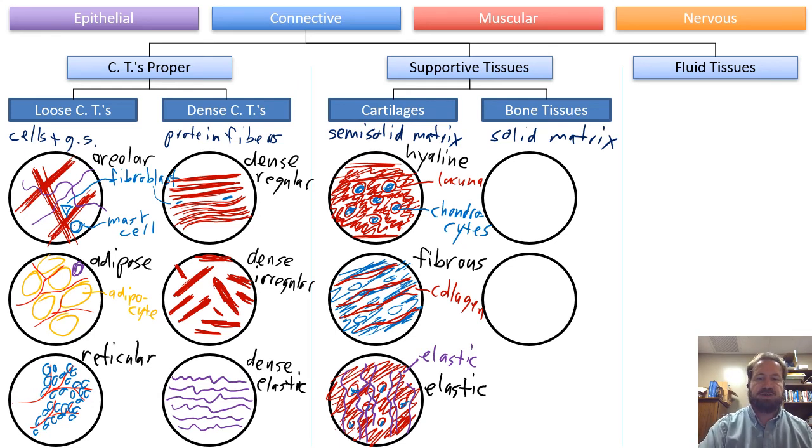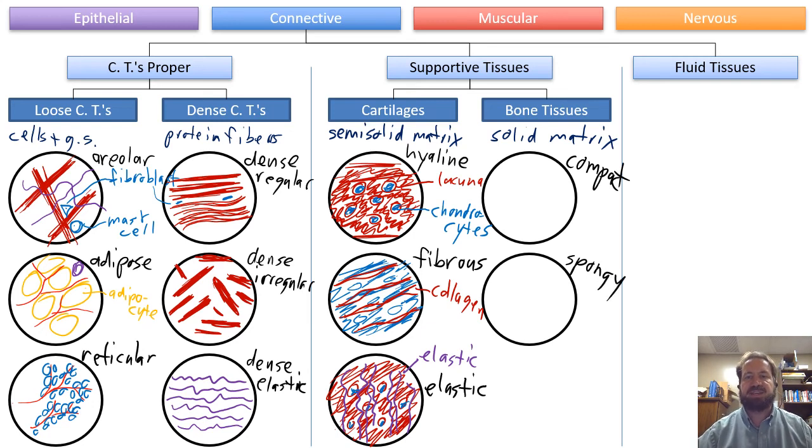Okay, finally, bone tissues. Bone tissues come in two kinds. Your textbook will not tell you this, but there are two kinds of bone tissue: compact bone and spongy bone.